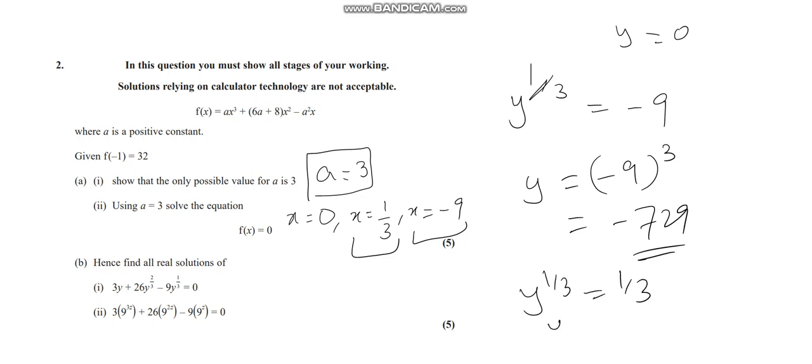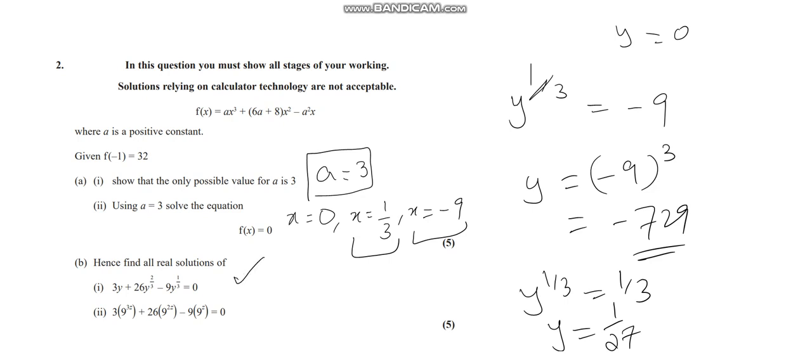So cubing both sides, 1 upon 3 cubed will become 1 upon 27. So these are the two values of y. Those are the real solutions of 3y plus 26y to the power 2 upon 3 minus 9y upon 1 upon 3 equal to 0. This part has been done.